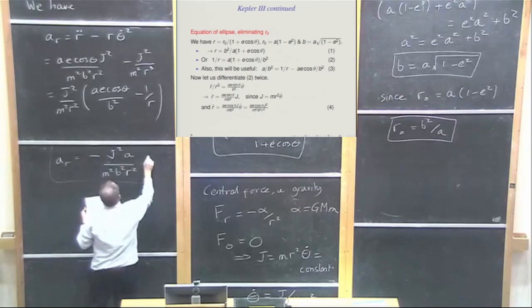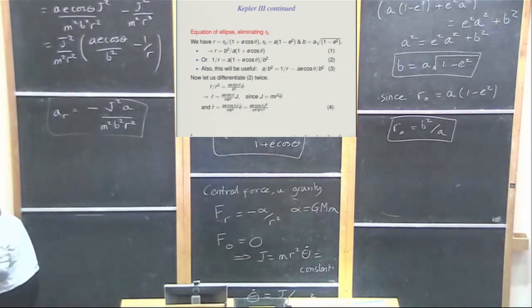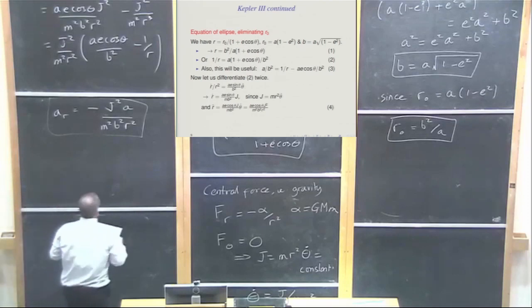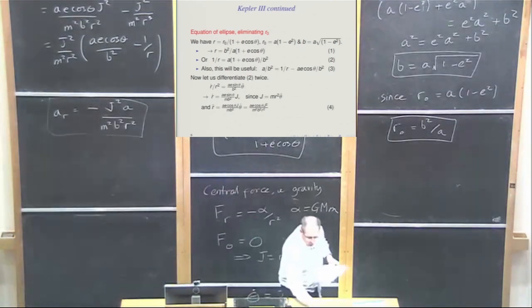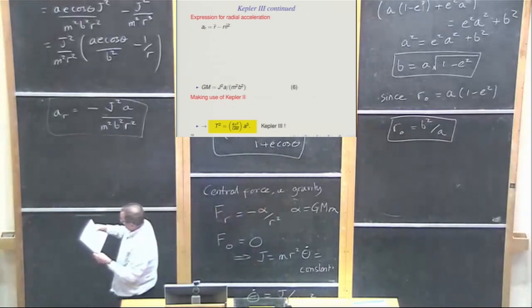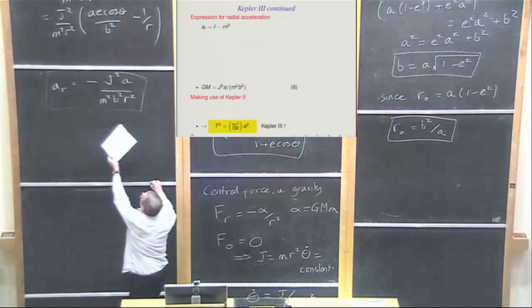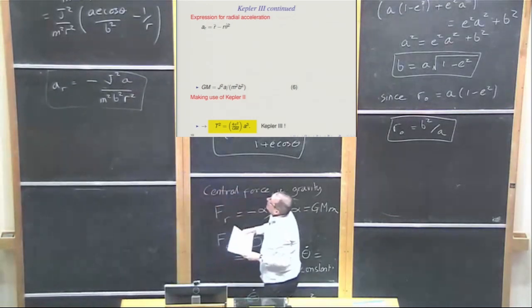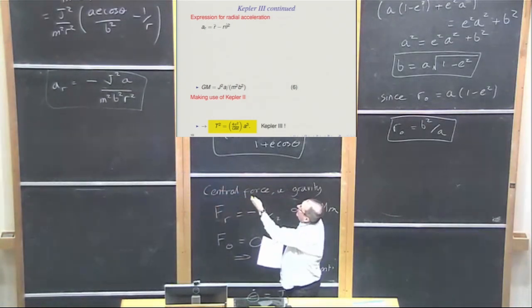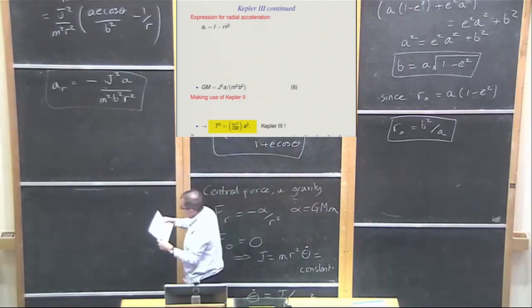So this is such a nice relation, it's worth pausing at and just contemplating. So why is that nice? Well, clearly, it tells us that the acceleration has this inverse r squared dependence, okay?